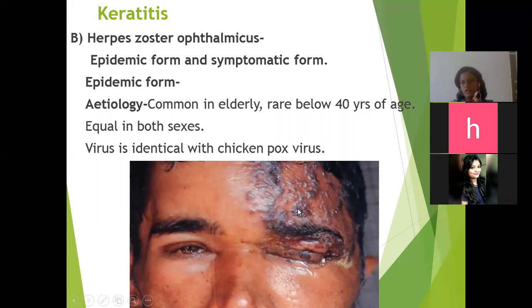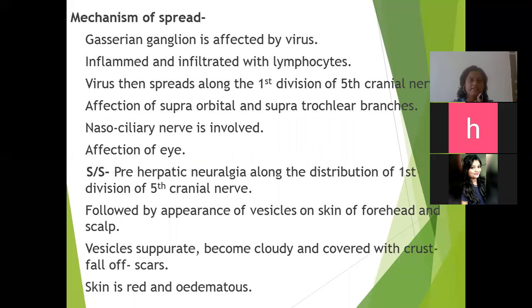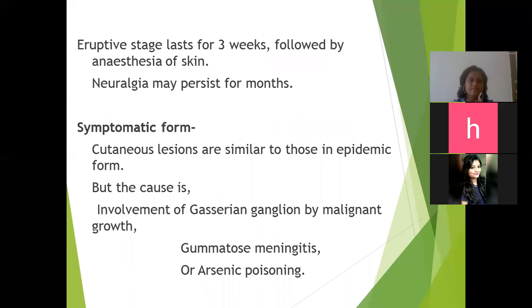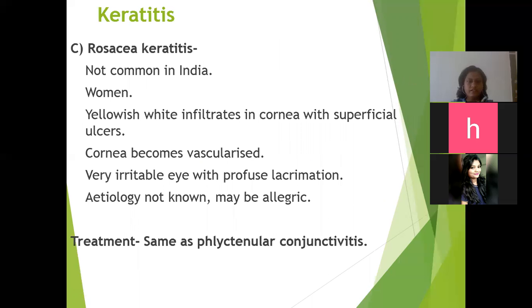It is seen commonly in our clinic and is very usefully treated with homeopathic therapeutics. Homeopathic medicine is very useful in treating herpes zoster ophthalmicus, which we will learn in the next lecture. So the mechanism and spread of herpes zoster ophthalmicus, its signs, symptoms, then rosacea keratitis.